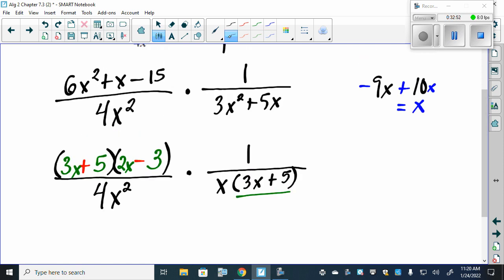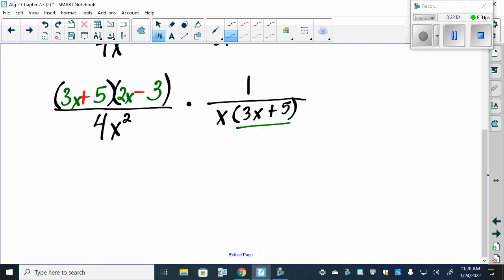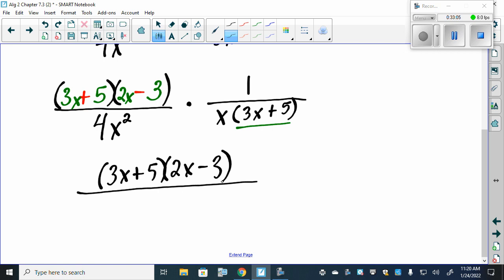Now when we multiply all this together, the numerator is just going to be 3x plus 5 times 2x minus 3. We don't have to include the 1 because multiplication of 1 does not change anything.